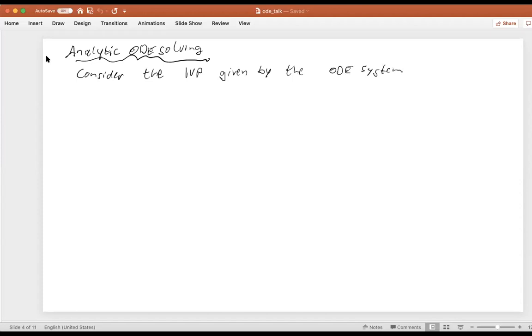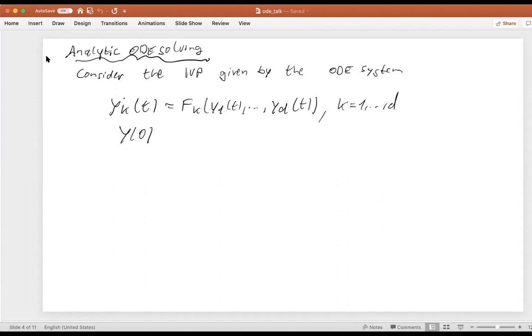We now have a system of ODEs where y dot k of t is given by some function f that depends on this d-dimensional vector. And we are given some initial value at 0. We also restrict to some compact domain.